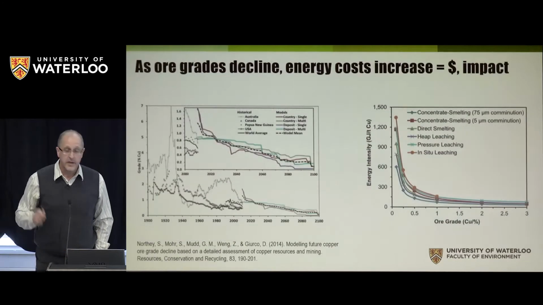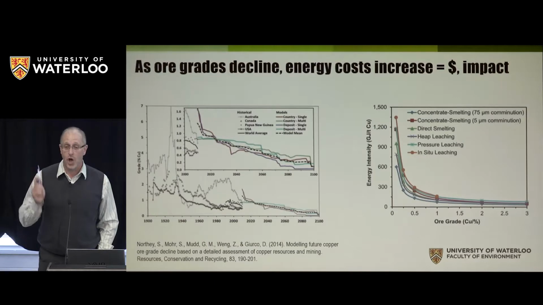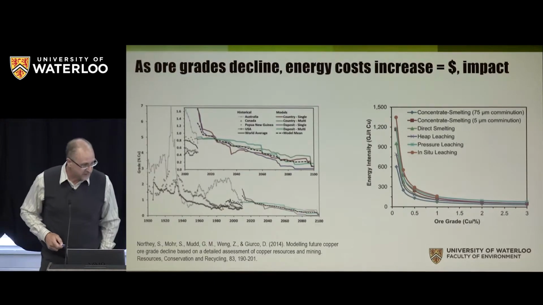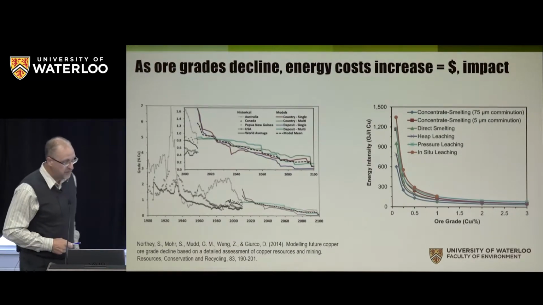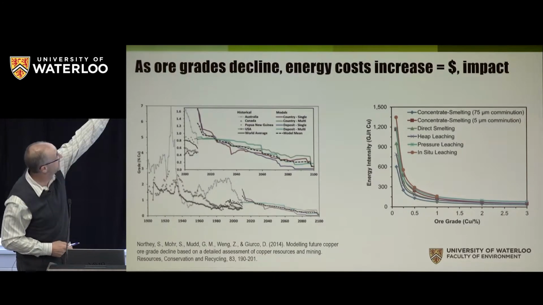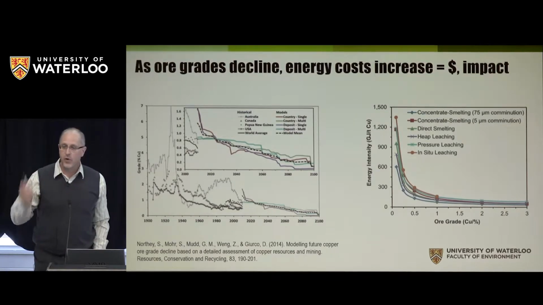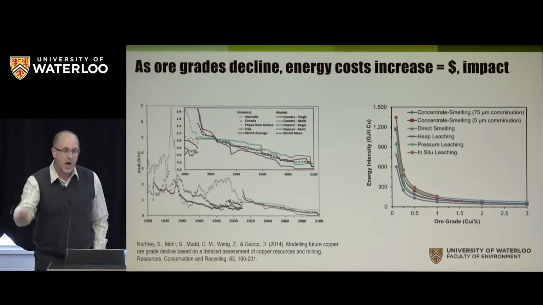A colleague of mine in Australia, Stephen Northey, has looked at, for example, copper. On the left-hand side here, the plot shows year on the x-axis from 1900 to 2100, and grade, the grade of the ore in the ground that is being mined at any moment.